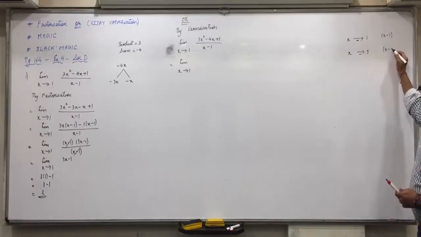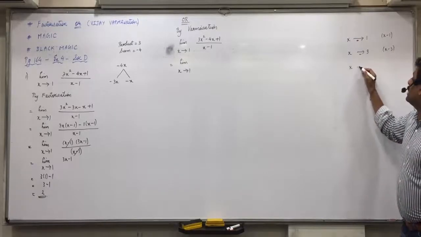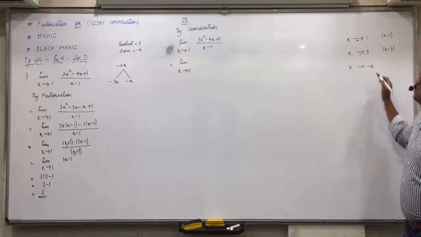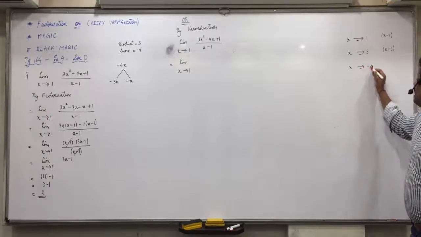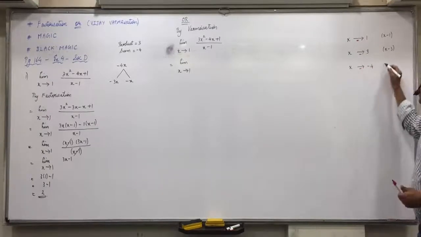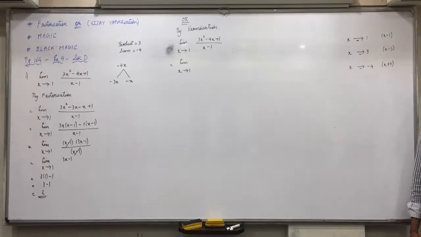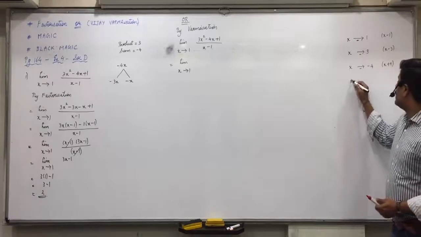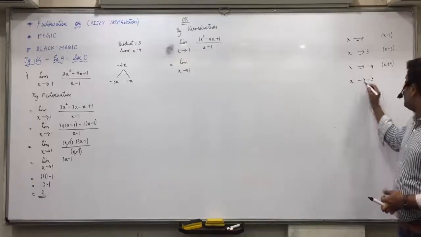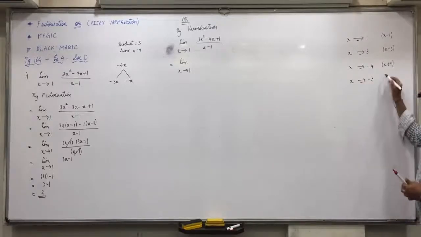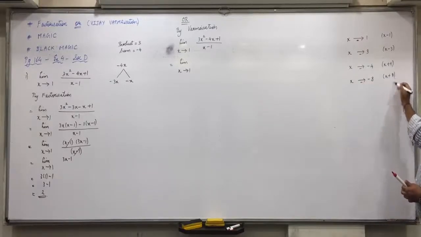X minus 3. If they say x tends to minus 4, now minus minus will become plus. So what will be one of the factors? X plus 4. Able to understand this? If they say x tends to minus 8, what will be one of the factors? Minus minus becomes x plus 8.